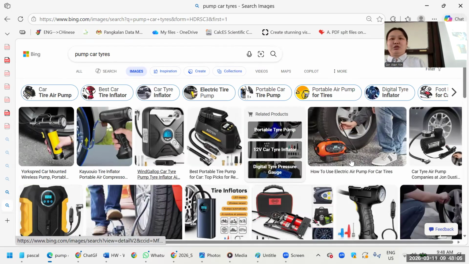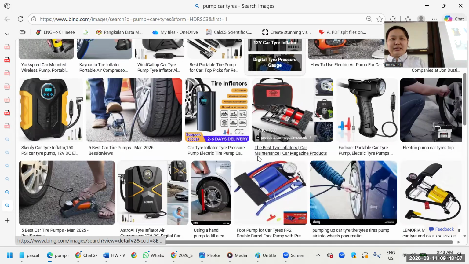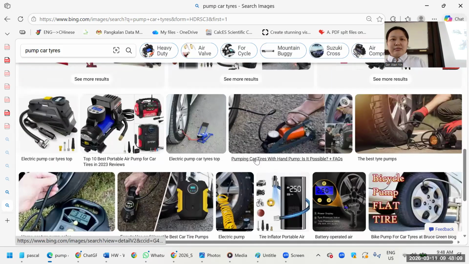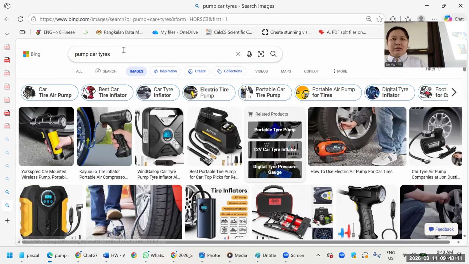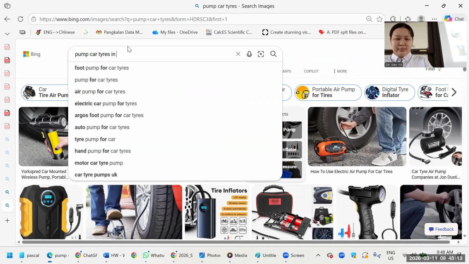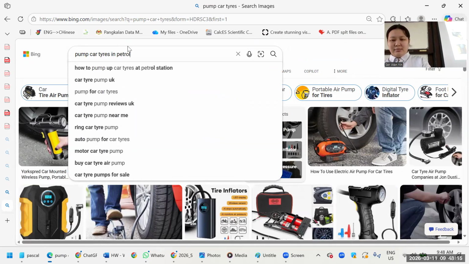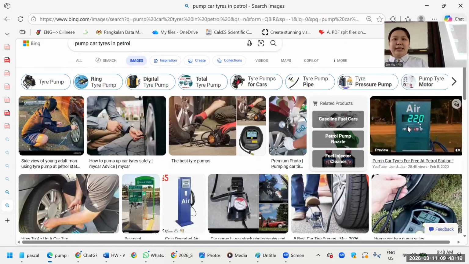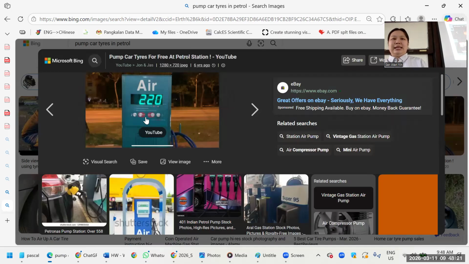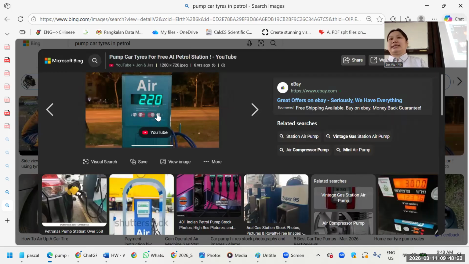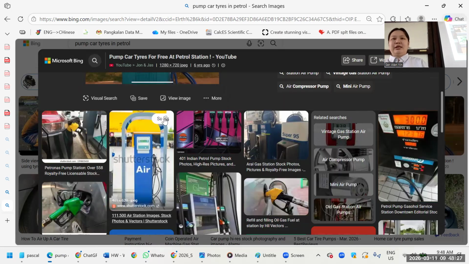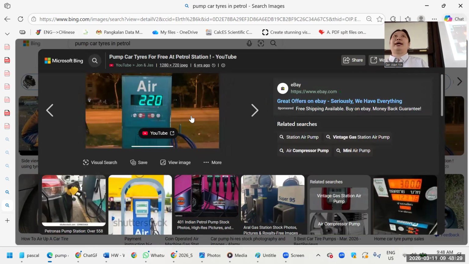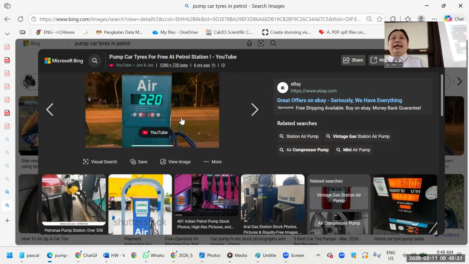So then sure you know. So normally it is like this, 220, this is kilopascal. If you are not sure how much to pump, you can check online or check on the door of the driver's seat.